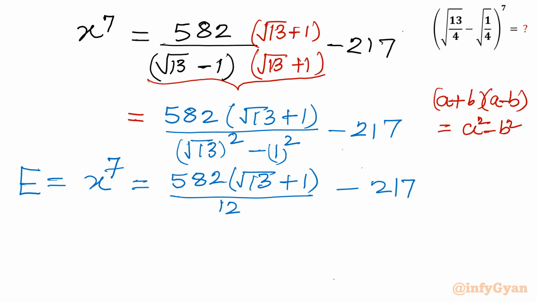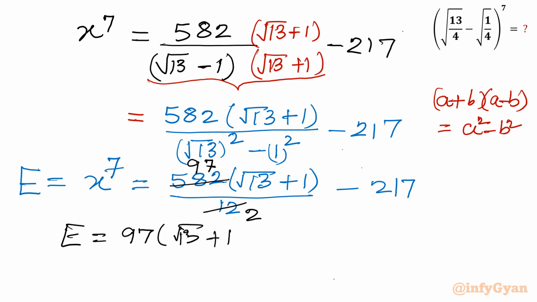Now I can see 582 and 12 are both even numbers. So 6 twos are 12, and 582 divided by 6 is 97. Now I will write our final answer. Expression equal to 97 times (root 13 plus 1) divided by 2, minus 217.